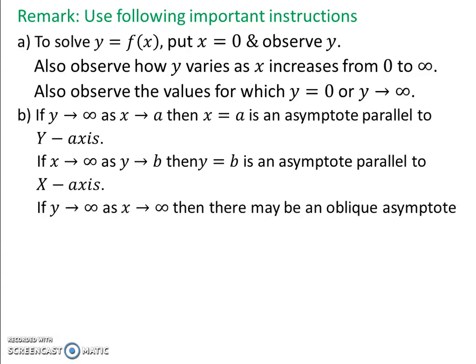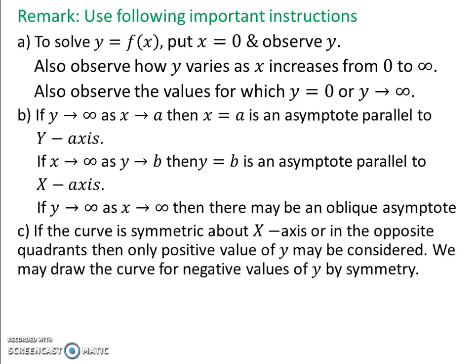If y tends to infinity as x tends to infinity, there may be an oblique asymptote. If the curve is symmetric about the x-axis, or in the opposite quadrant, then only positive values of y may be considered. We may draw the curve for negative values of y by symmetry.